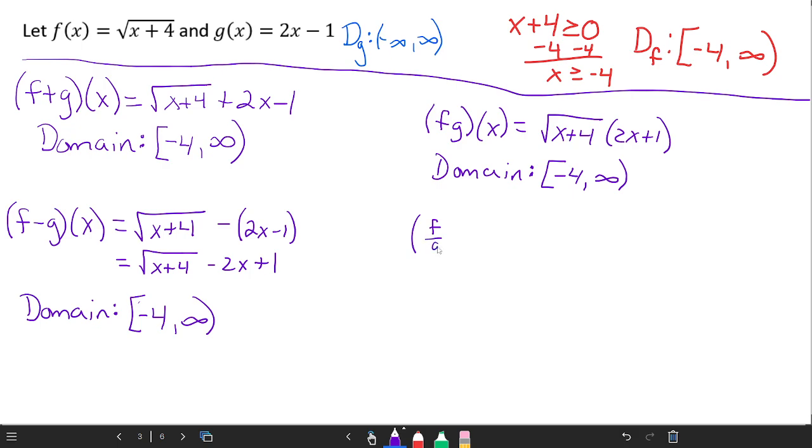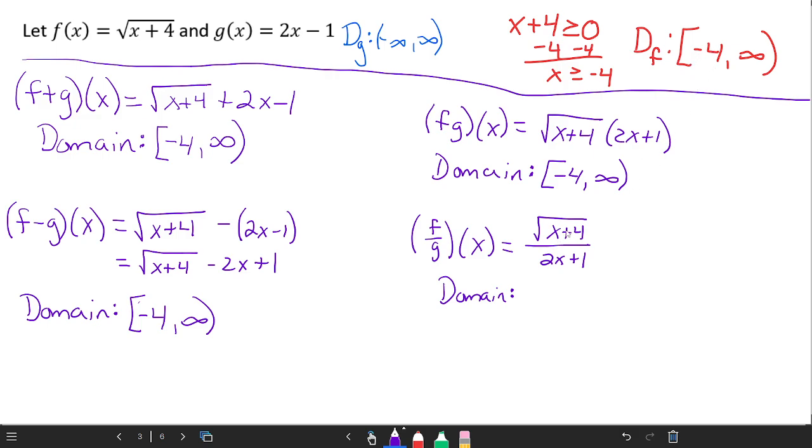Okay, and then for f over g, the equation is going to look like this. Now the domain is going to be a little bit different here. We still want x to be at least -4.